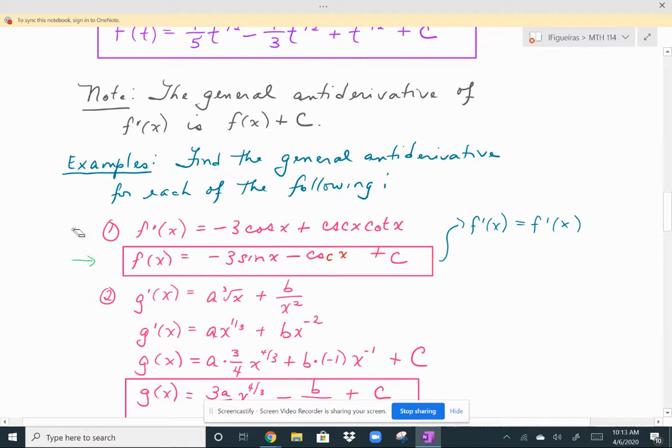Again, until you're really confident about these steps, I would take this additional step of taking the derivative of what you just found and seeing if it equals the original function that was given, which was f prime of x. So if you took the derivative of -3 sine of x, well, that's -3 cosine of x.